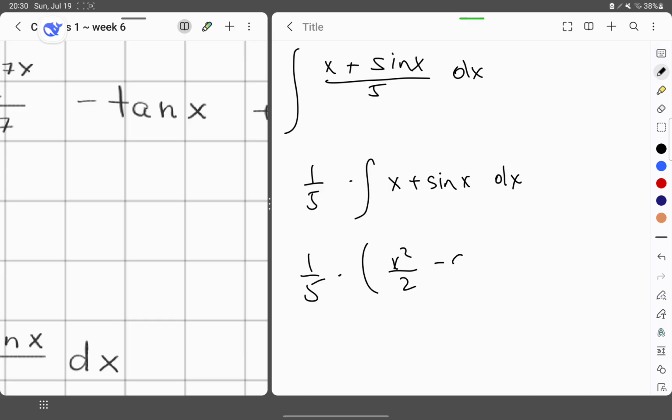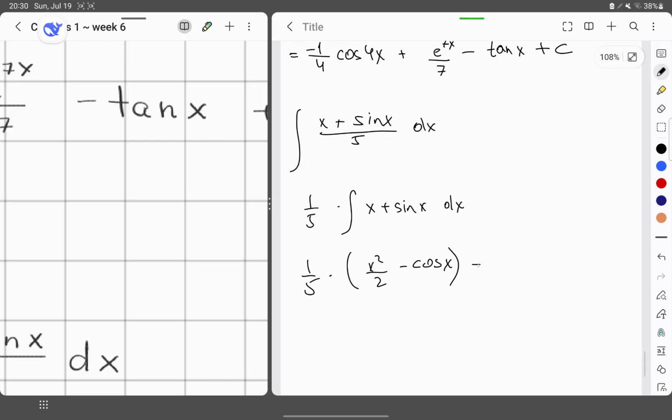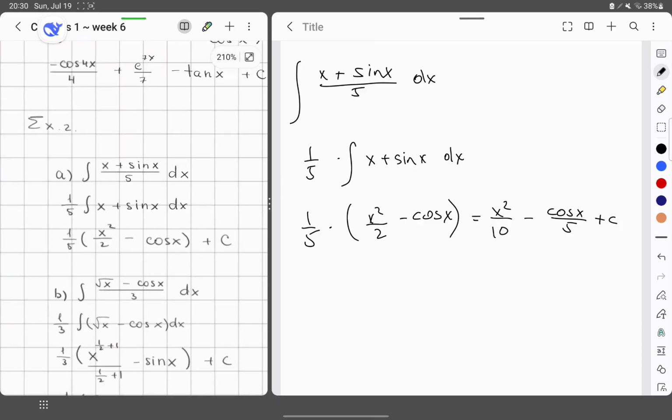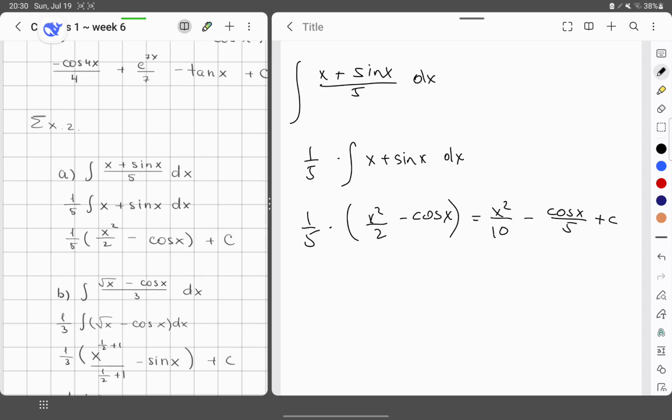Negative cosine x. And it will be x squared over 10 minus cosine x over 5 plus c. 1 over 5. Yeah, true.